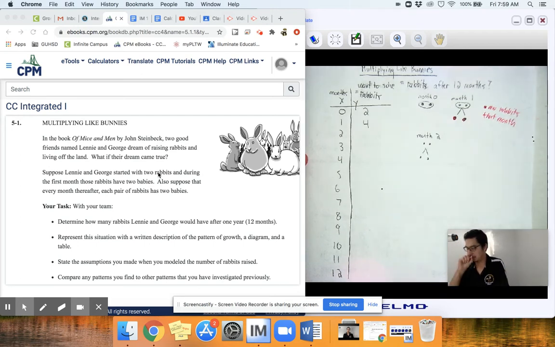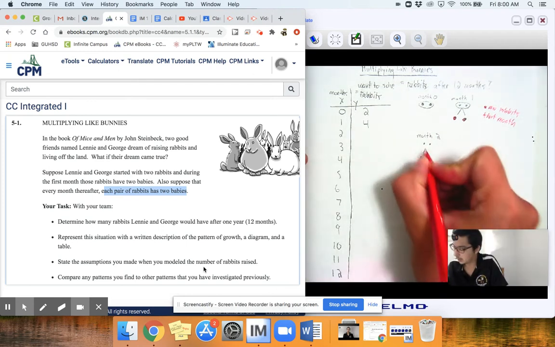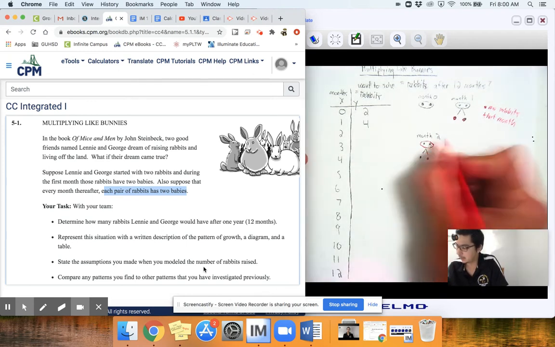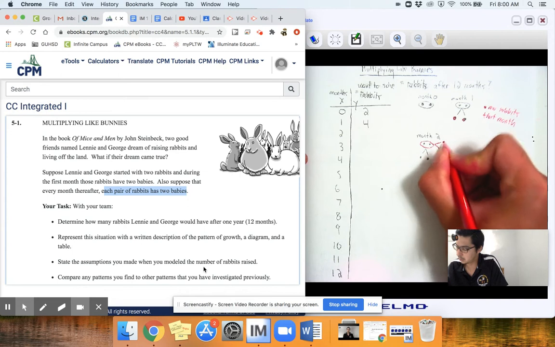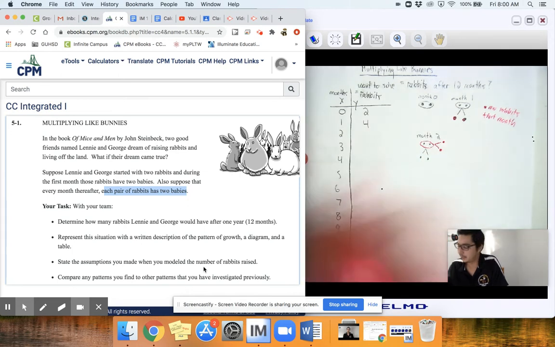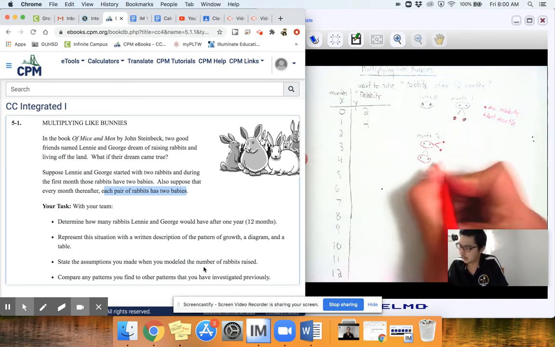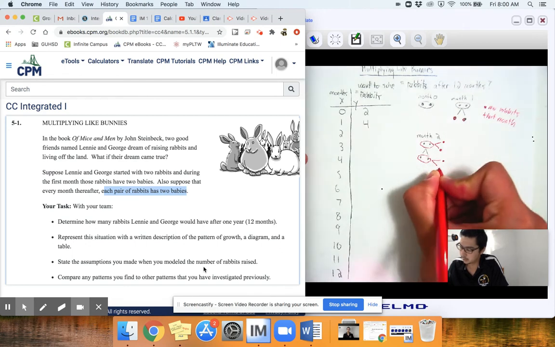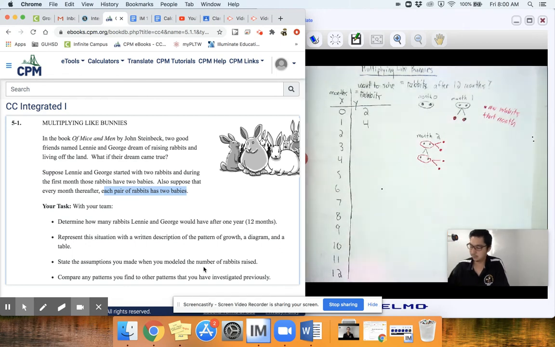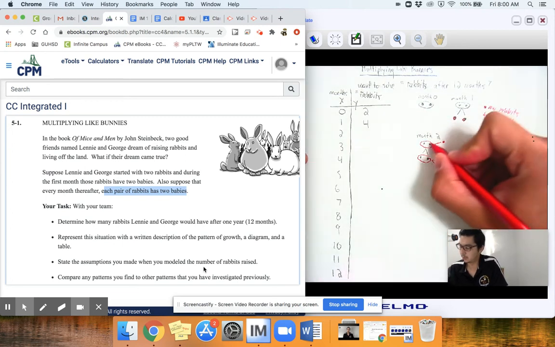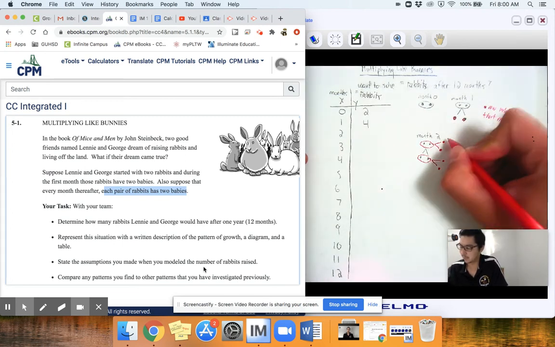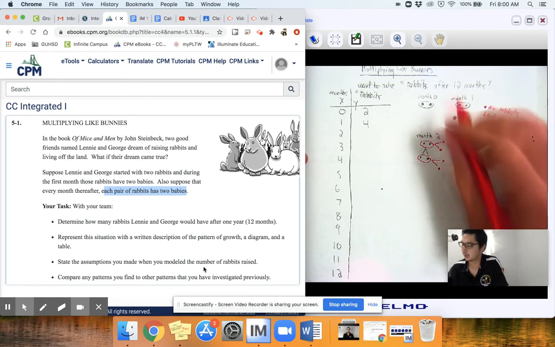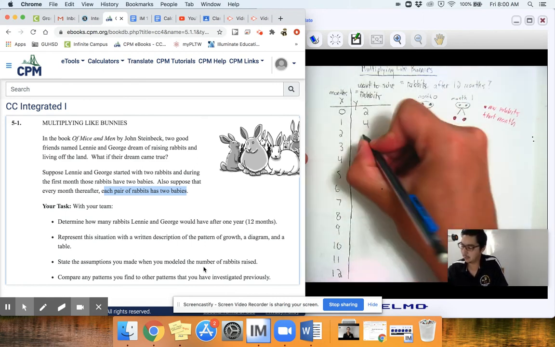Now month 2: each pair, remember, each pair, has 2 babies. So the original pair are going to have 2 more, and this pair are going to have 2 of their own. How many is that total now? 1, 2, 3, 4 from the previous, plus 5, 6, 7, 8. So now we'd be at 8 rabbits.